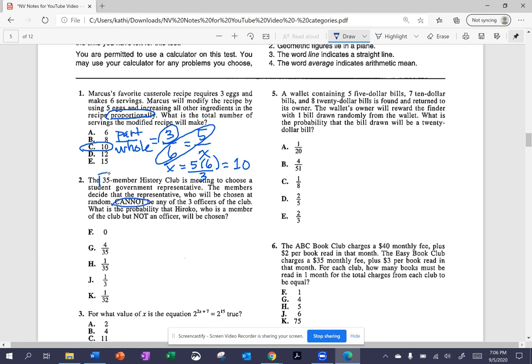I know I have 35 people in the group and 3 are officers. So I am going to say only one person is going to be chosen. So probability is the number of ways something can happen divided by the total number of outcomes.